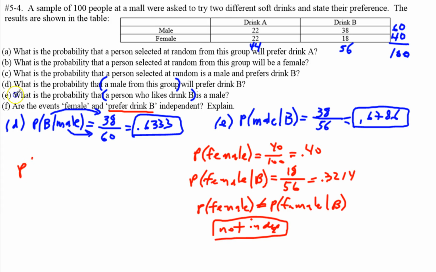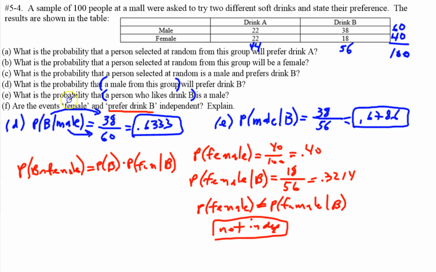We know the AND formula for this would be the probability of, let's say, B and female is equal to the probability of B times the probability of female given that you like drink B. That's the true AND formula.